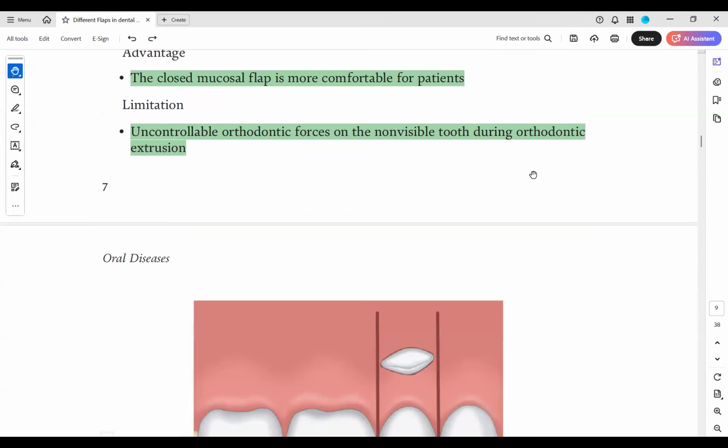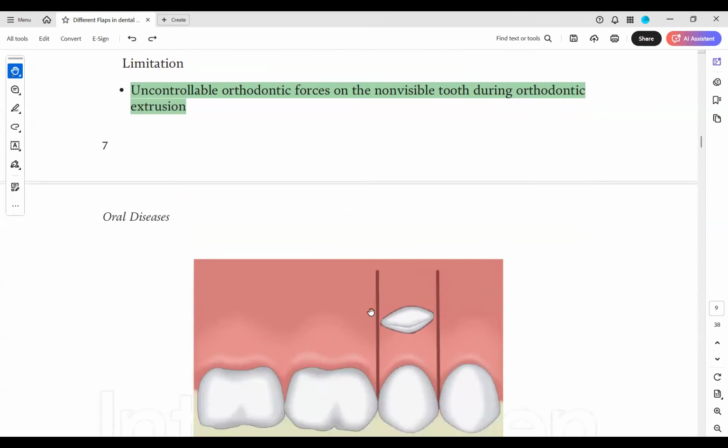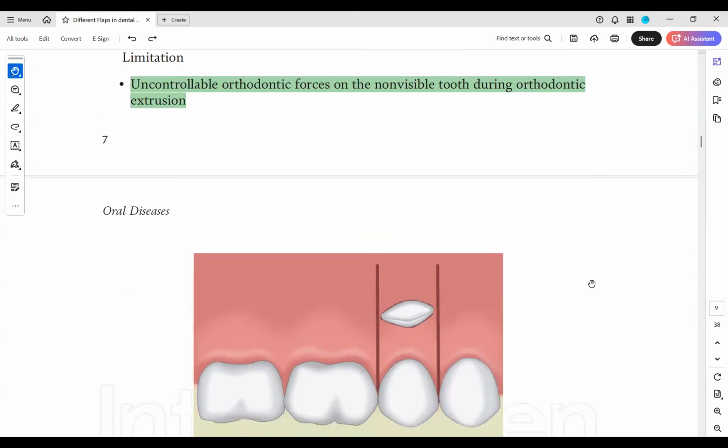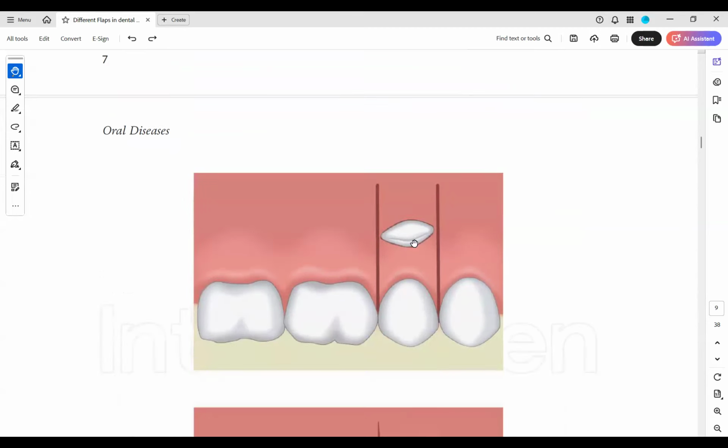So in the closed technique, you are only creating a window and then positioning the flap back. When you reposition the flap, the canine and the bone window will also be covered by the flap. Clear for everyone? This is just a diagrammatic representation where you see the canine with the flap.